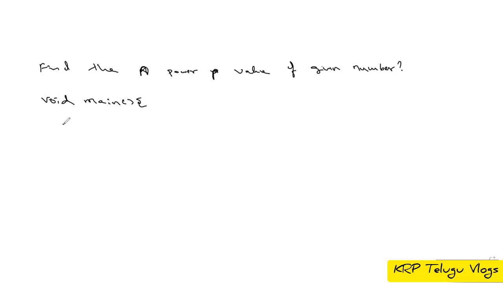So now int n is equal to 2, comma p is equal to 3, comma result is equal to initially 1.